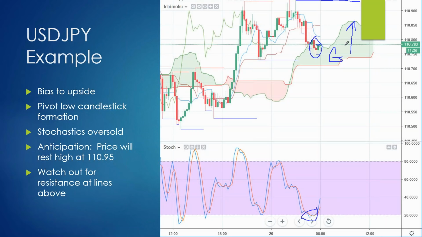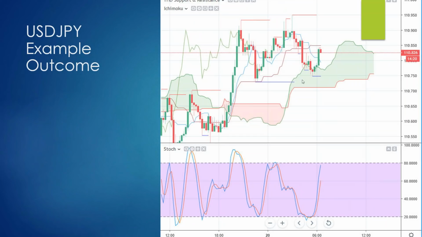Okay? Now, when you enter like this, be careful on these little moving averages here because they can act as resistance. Okay? Now, let's see what actually happened after that move. Okay? Do you see how this went straight up?